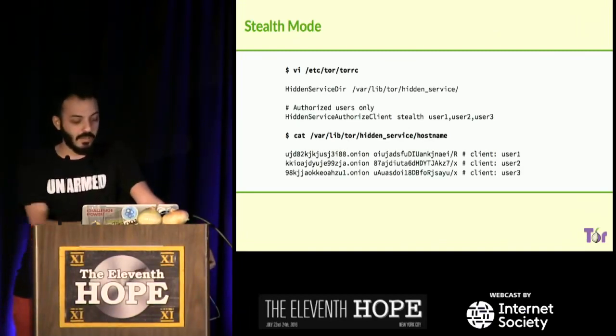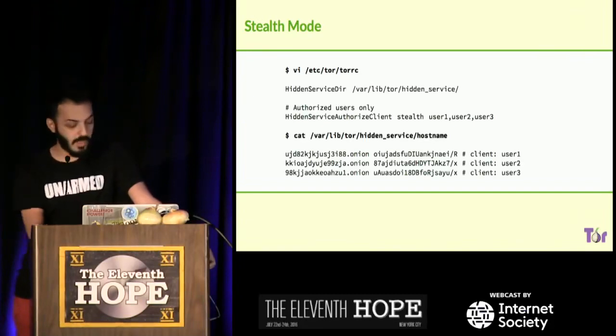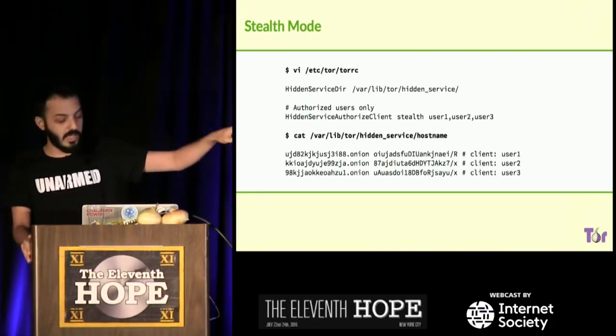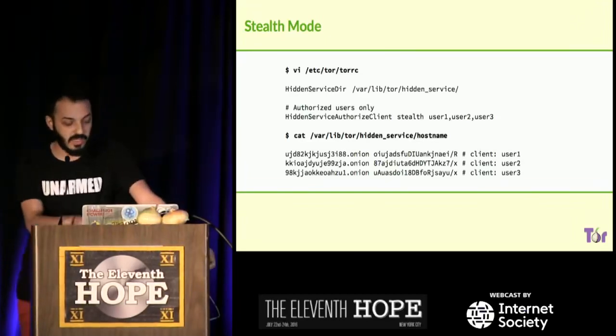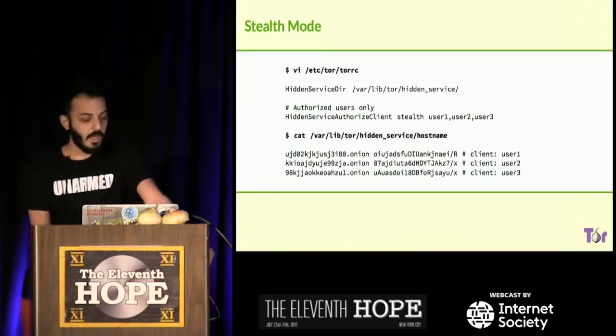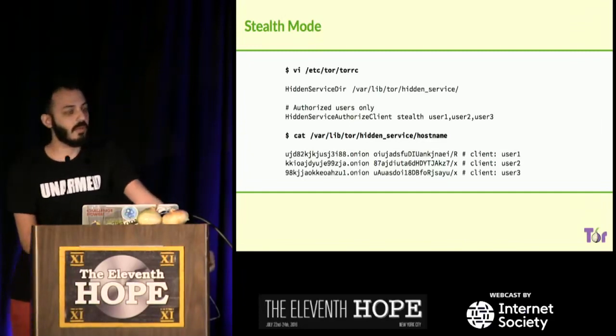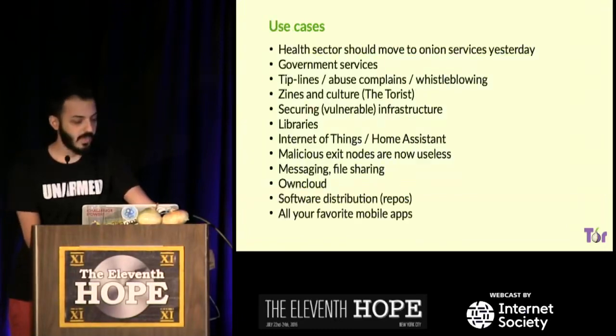They should have something like this: the first part is the Onion address, the middle part is the unique key, and the last part is the client. You can see users 1, 2, 3 have different Onion addresses and different keys. This helps if you want to have a special infrastructure setup, which I'm going to talk about a little bit later.